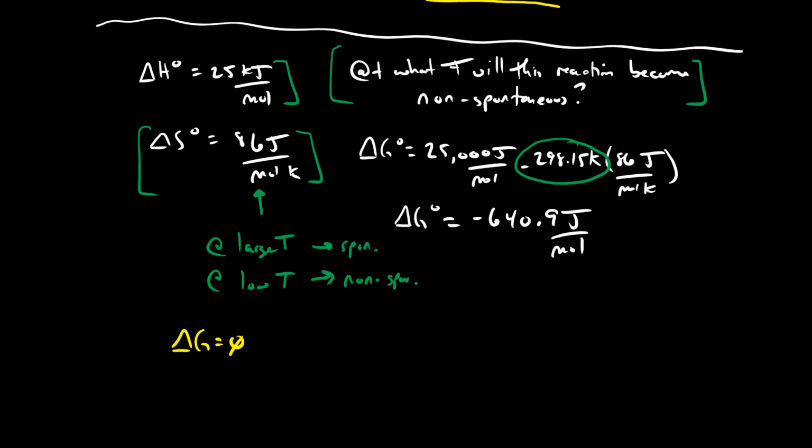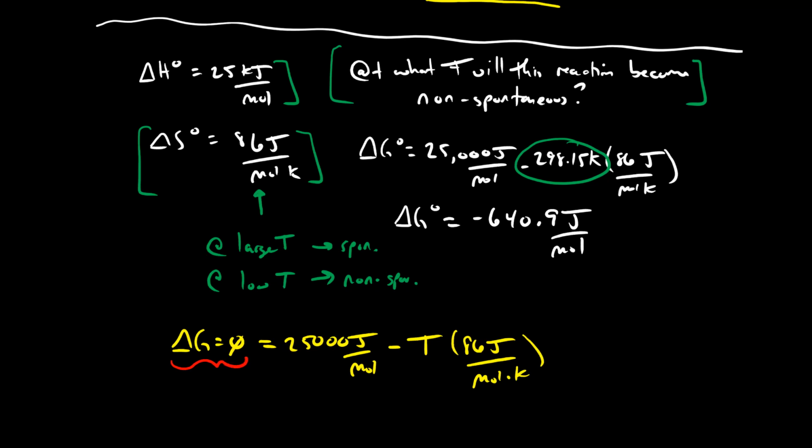So in this case, our delta H is 25,000 joules per mole. Our temperature is unknown, and our entropy is 86 joules per mole Kelvin. Okay, so we arrived at the fact that we want to know the temperature when delta G is equal to 0. That's the temperature at which the reaction switches from being spontaneous to being non-spontaneous.